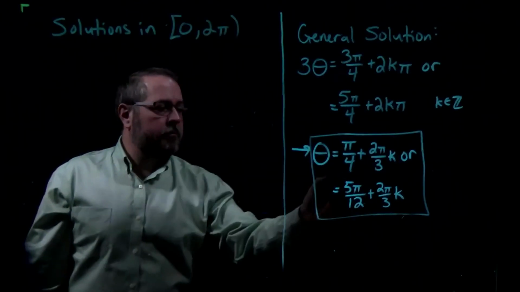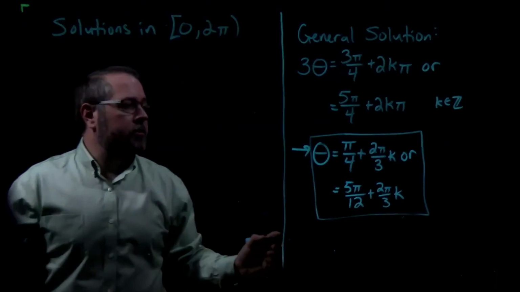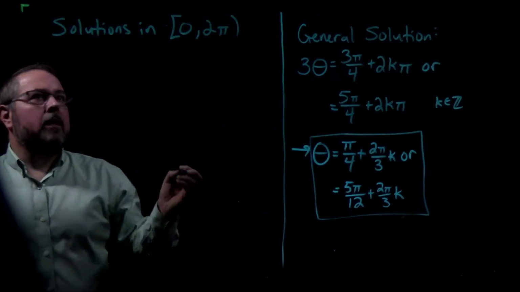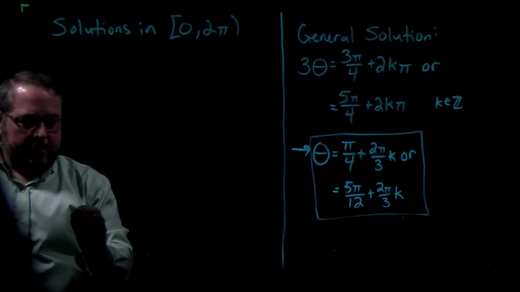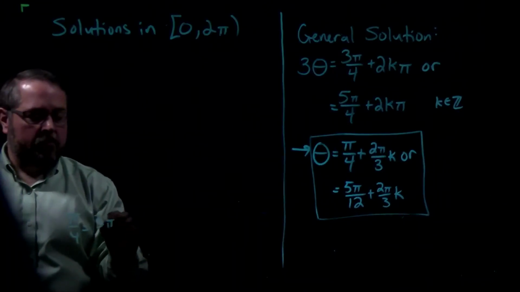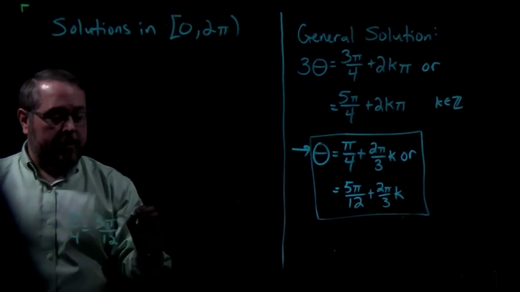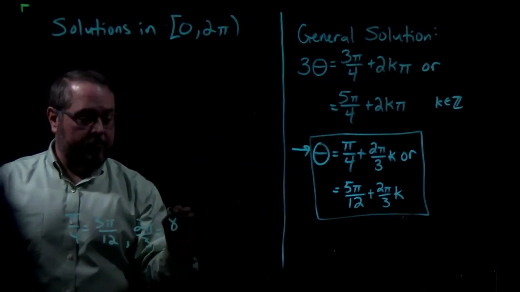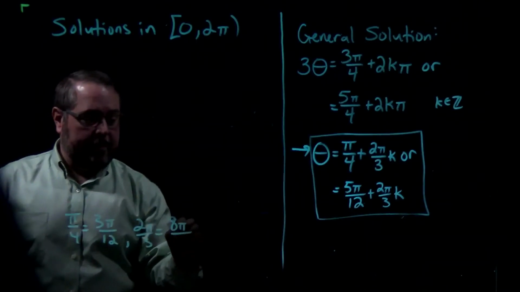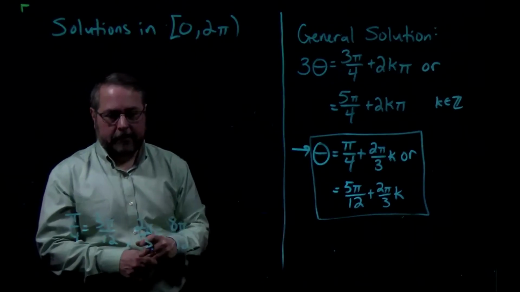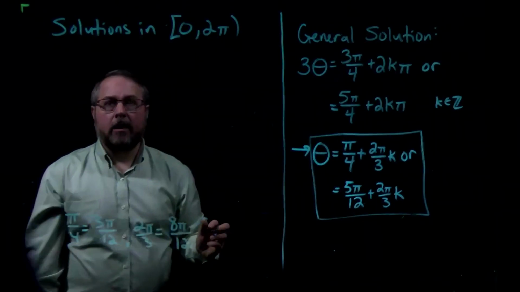And from this first set, pi over 4 plus 2 pi over 3 times k, note first that pi over 4 is 3 pi over 12 and 2 pi over 3 is 8 pi over 12. Okay, so we'll need that moving forward.